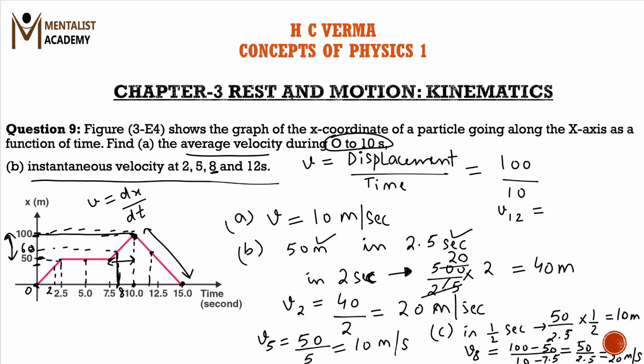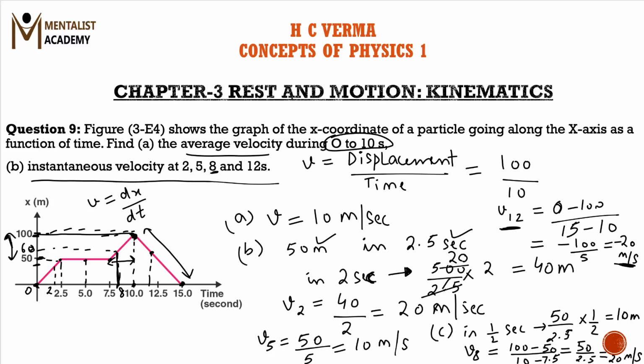The final position is 0 and the initial position is 100, divided by final time 15 and initial time 10. So therefore it will become minus 100 upon 5, that is minus 20 meter per second. So the instantaneous velocity at 12 seconds is minus 20 meter per second.